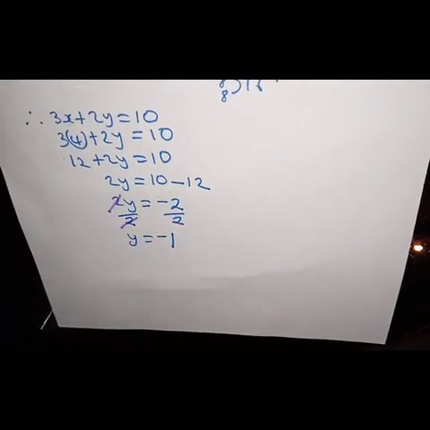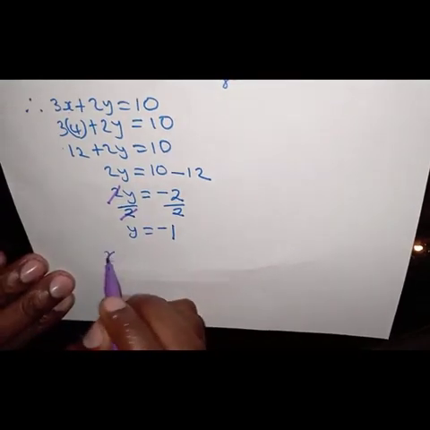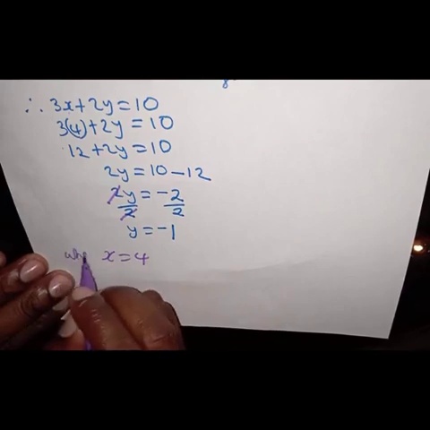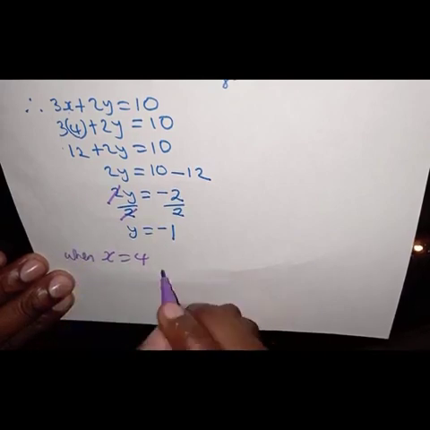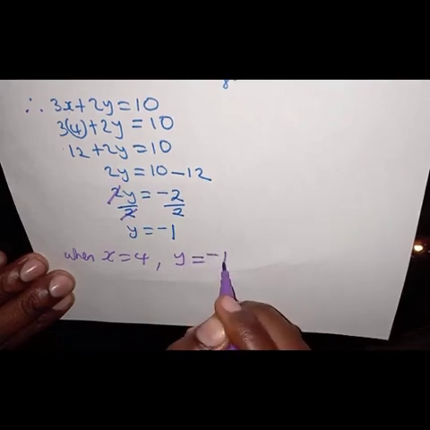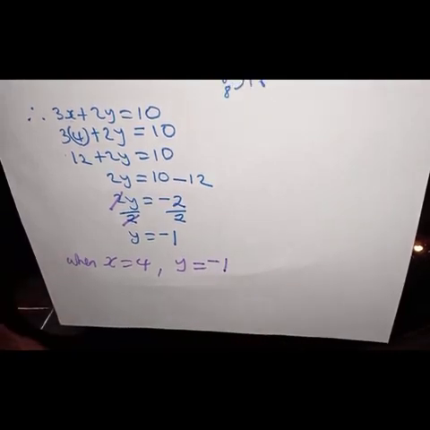So finally, we can see that when x is equal to 4, y gives you negative 1. So this is what you're supposed to do under elimination method.